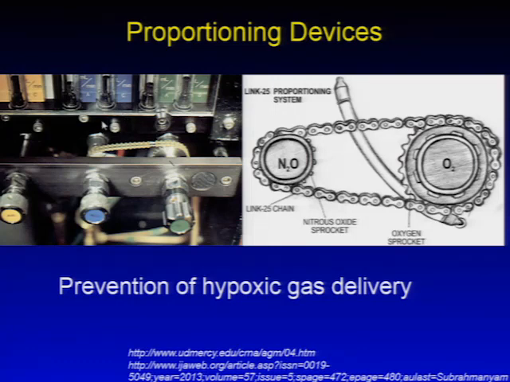Every time you increase the dosage of nitrous oxide in your anesthetic machine, you may notice that oxygen flow also increases. That's because this proportioning device connects the hubs of the nitrous oxide and oxygen. And therefore, you cannot provide 100% nitrous oxide to the patient.